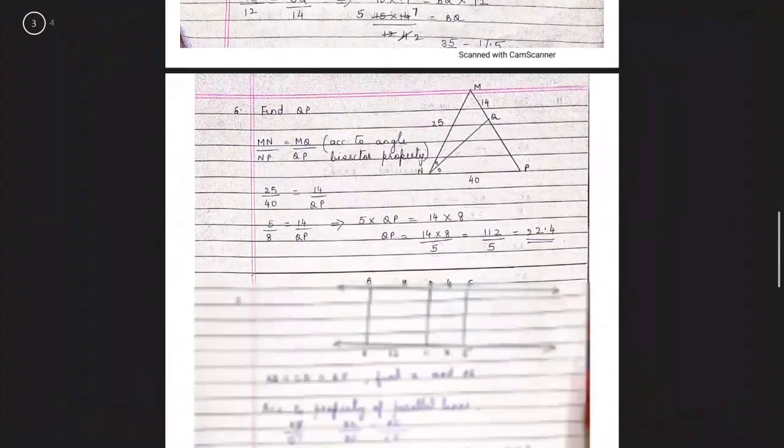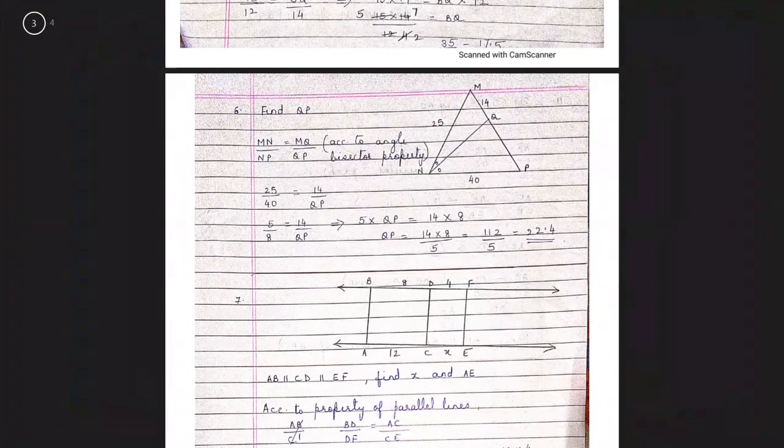So that's 25 upon 40 is equal to 14 upon QP. This gets reduced by 5. 5 5s are 25, 5 8s are 40. That is equal to 14 upon QP. Cross multiply. 5 into QP equal to 14 into 8. Therefore, QP is 14 into 8 upon 5, which is 112 by 5. Your answer is 22.4 units.